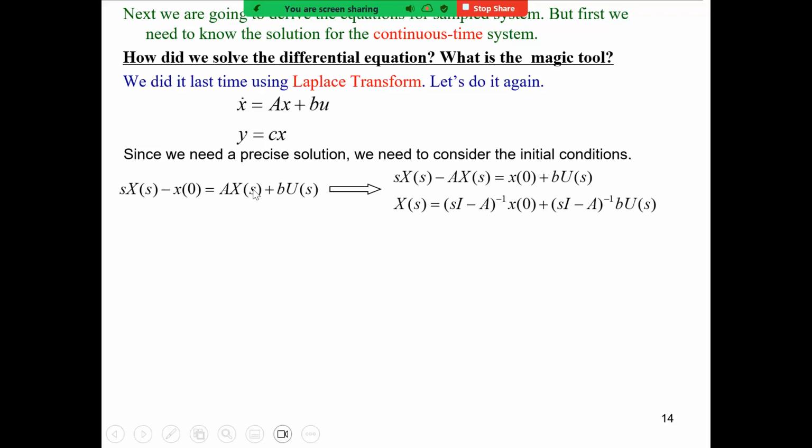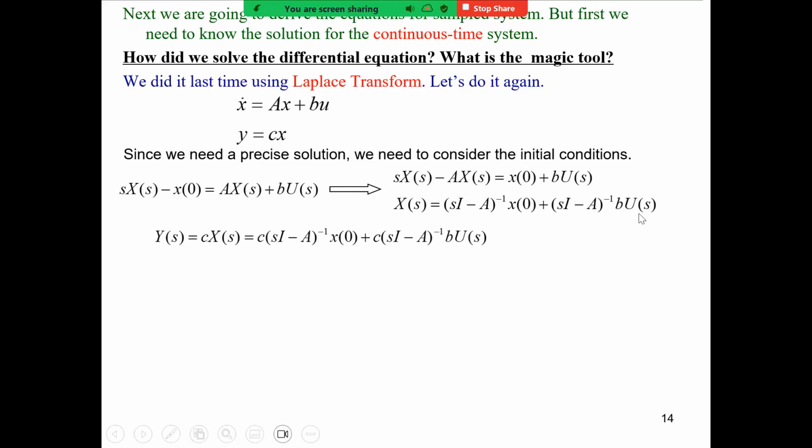You put this X here on the left side, the x0 on the right side. And then, of course, because we group this together, we have sI minus A. And then you multiply both sides by the inverse of this matrix. That's how you end up with this solution. Okay, this is just from linear algebra.